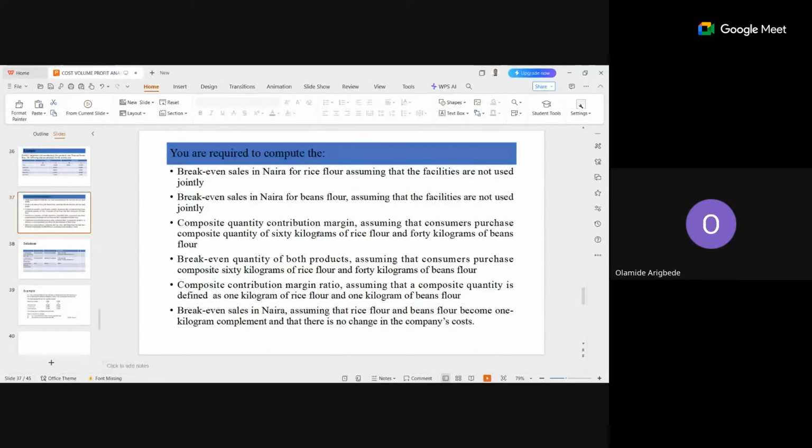Good. Now, we want to determine the unit contribution, in terms of the contribution per unit, per unit for rice flour and beans flour.